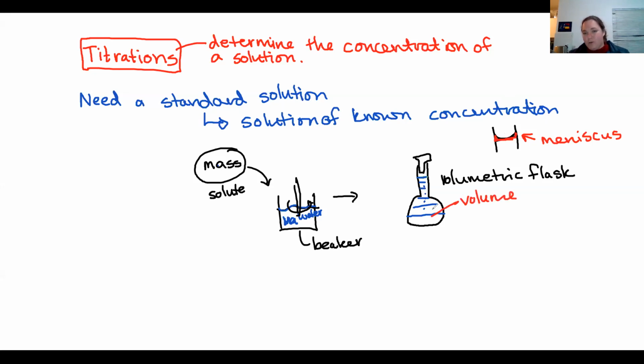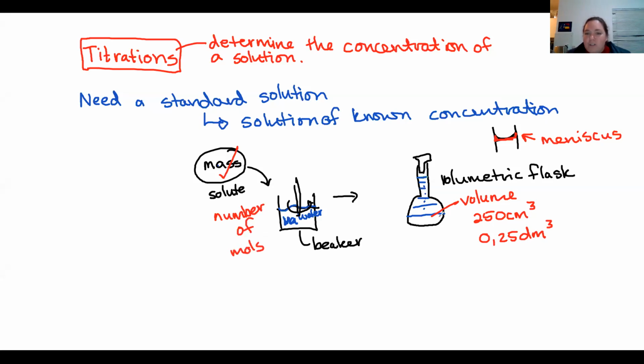And for most experiments, the volumetric flask that we use is exactly 250 centimeters cubed, which we would convert to 0.25 decimeters cubed. So by us knowing the exact mass, we know the exact number of moles.